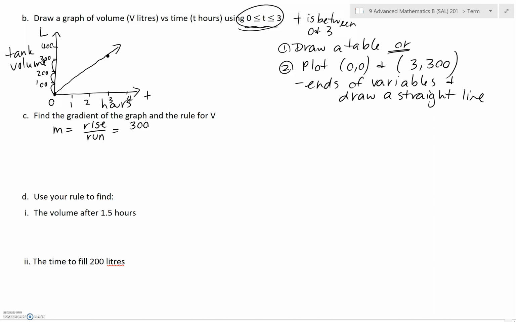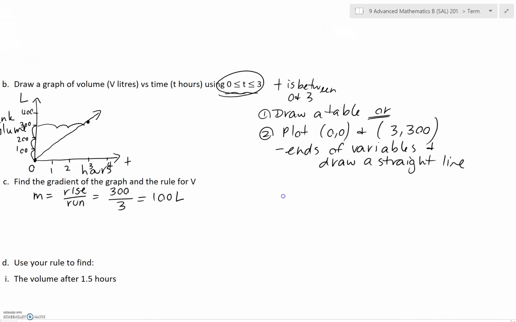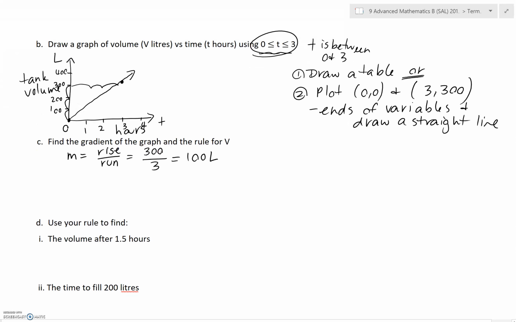We also know that if we start at 0 time and go out to this point, that's 3 hours. So 300 over 3 is 100 litres per hour. Note that our gradient is exactly the same as the rate we found in the first place, and that will be the case most of the time.